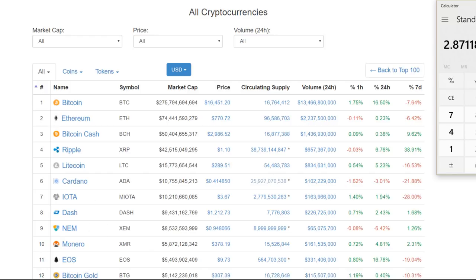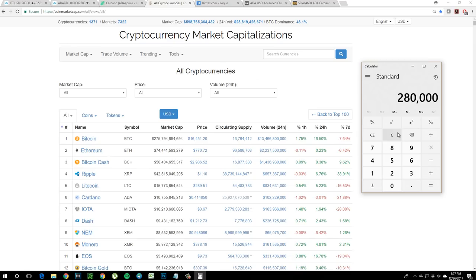If you have 10,000 Cardanos at $2.87, you have around $28,000, and those 10,000 Cardano could cost you right now just $4,000 to have $28,000 in a short period of time. I'm not a magician. I don't know when it's gonna happen, but it could happen in the short term. So if you see Cardano going down to 30 again, just catch some coins.